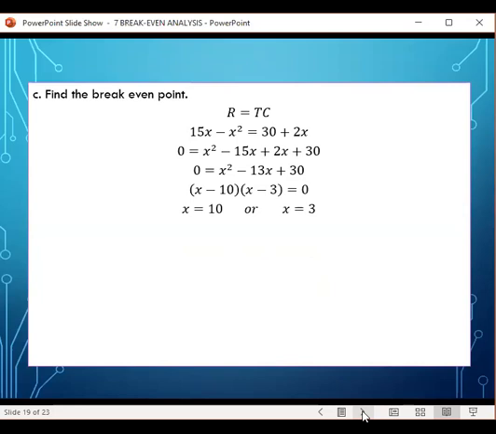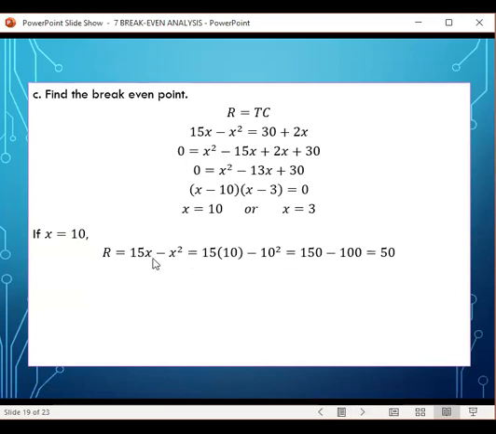Again, when we talk about the break-even point, there should be the value of x and there should be a revenue for that x. Now, if x is equal to 10, what would be the revenue? So for the revenue, all you need to do is to substitute x equal to 10 to all the x's on the revenue function.